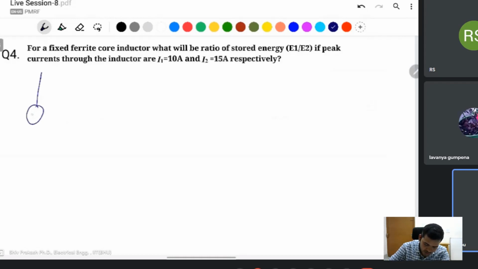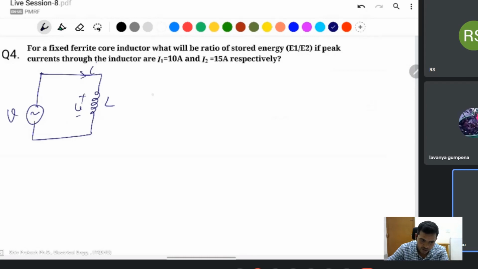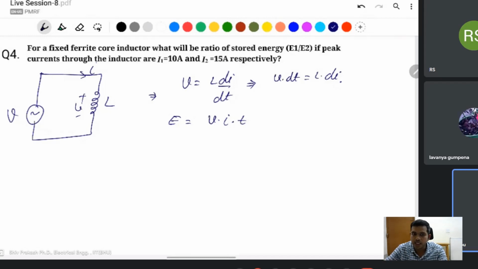If a voltage source V is applied to the inductor with current I, you know V is L di by dt. Then V dt is equal to L into di. What is energy? Energy is equal to V into I into T, voltage and current multiplied by time.